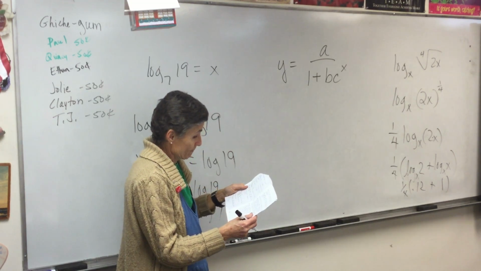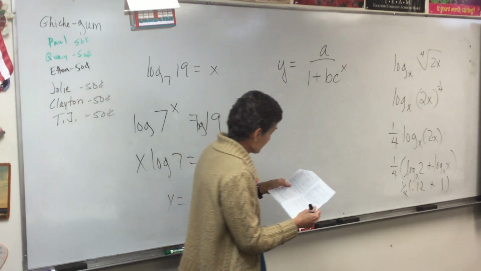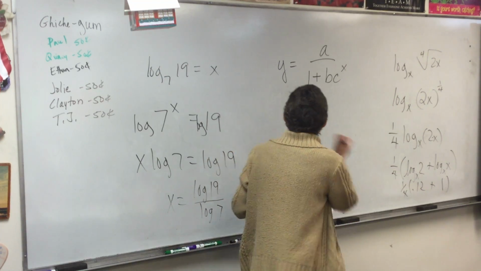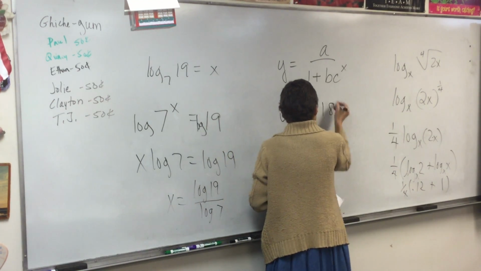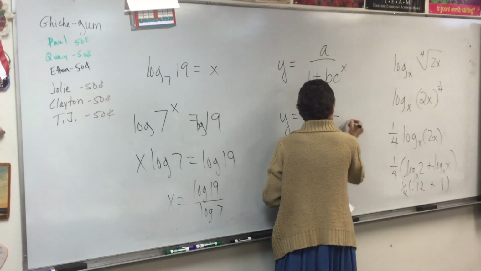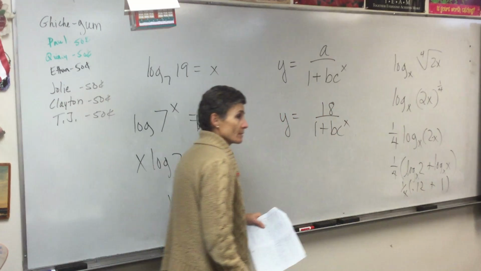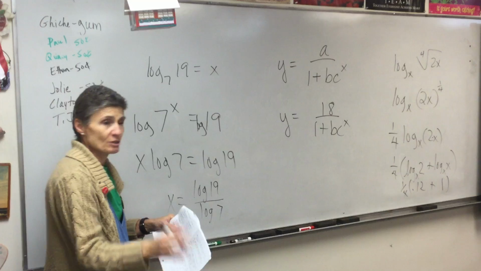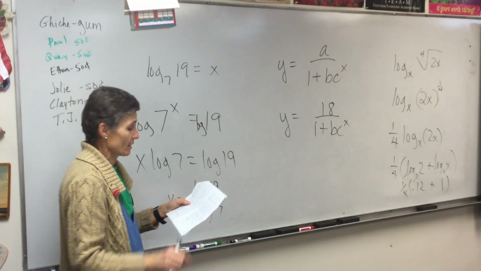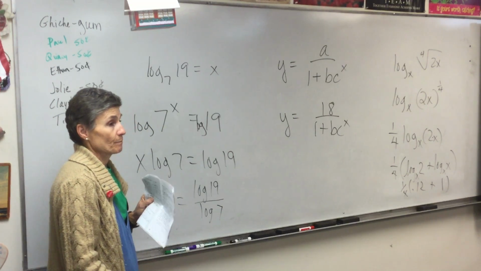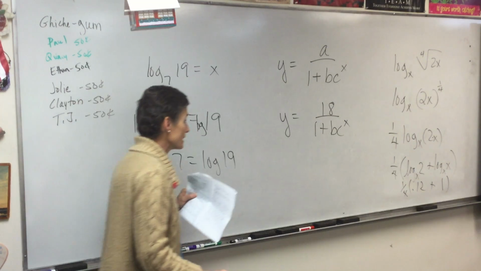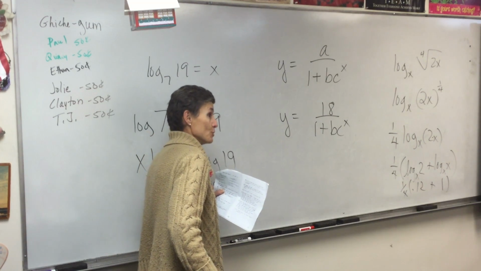Where do I start? Plug in the limit to growth, which is 18. Everybody gets that much right. You should not miss that. You just plug it in. You don't have to do any work. Now what? I plug in my initial value.